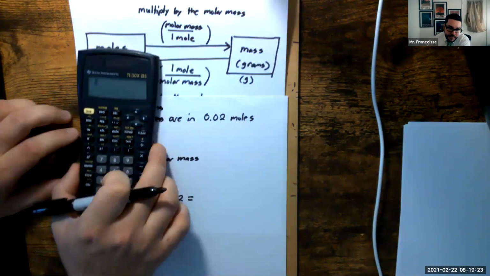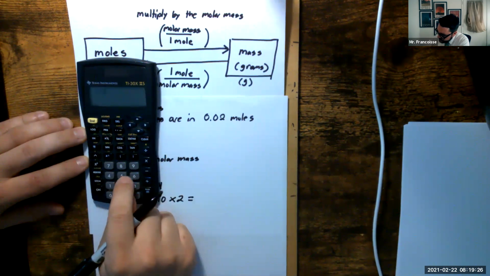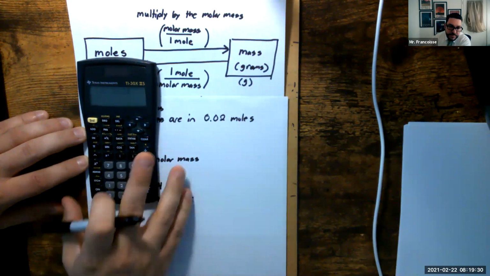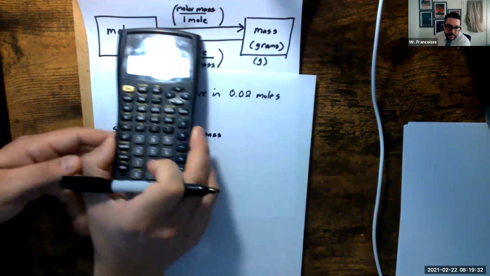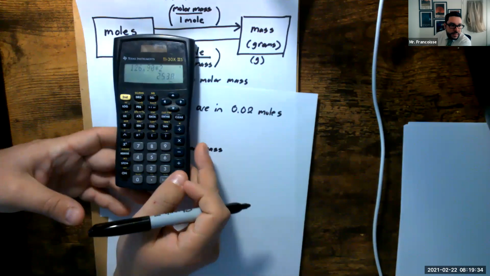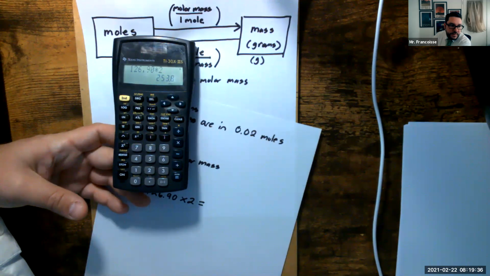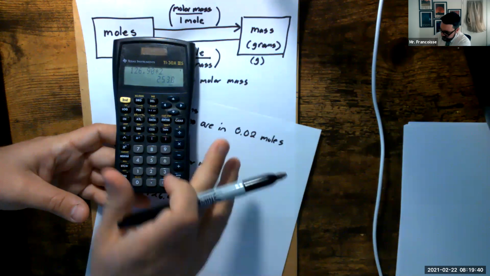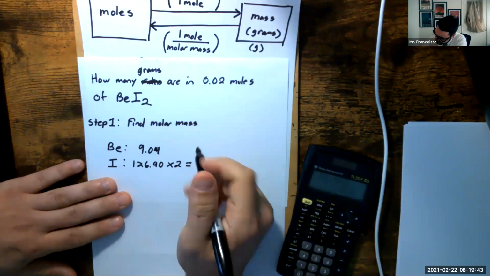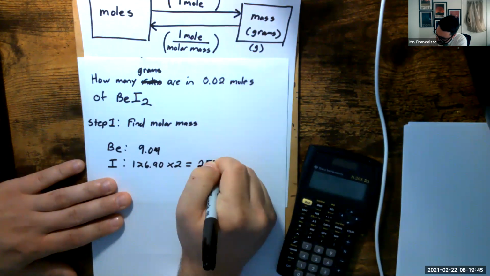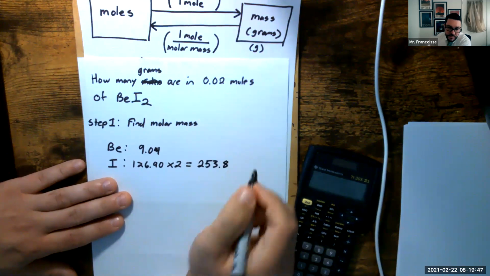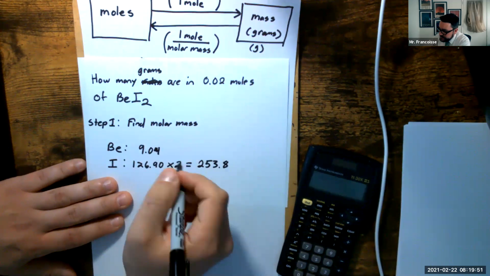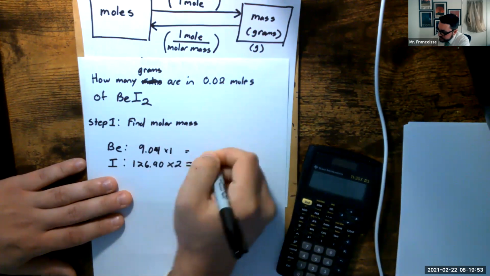So we'll do 126.90 times 2. We should get 253.8. Beryllium here, there's no number. We could times it by 1 if we want. We'll just keep it the same.